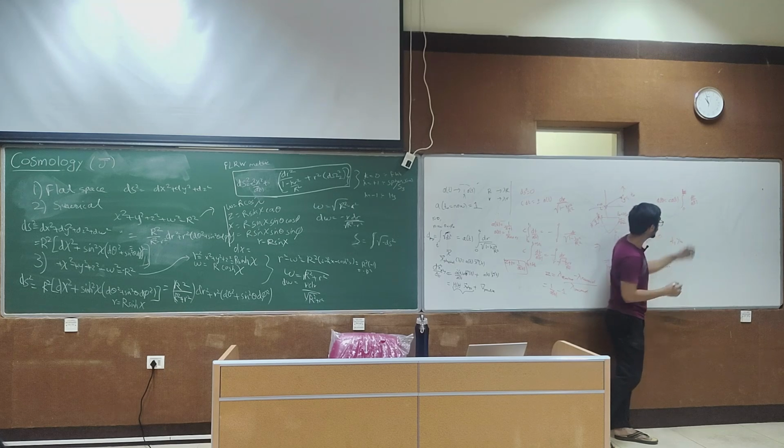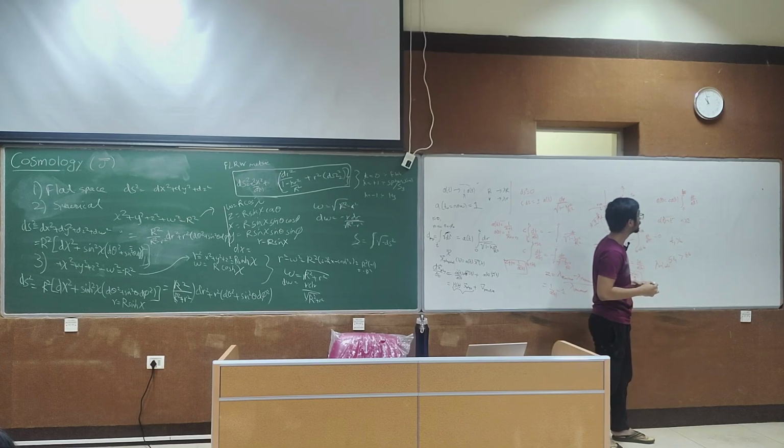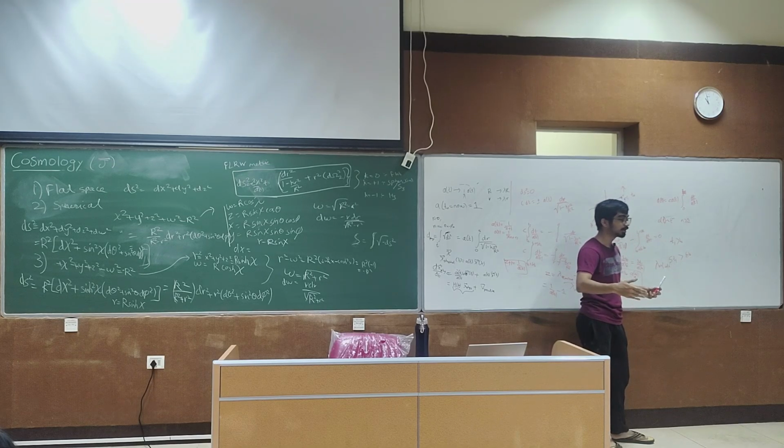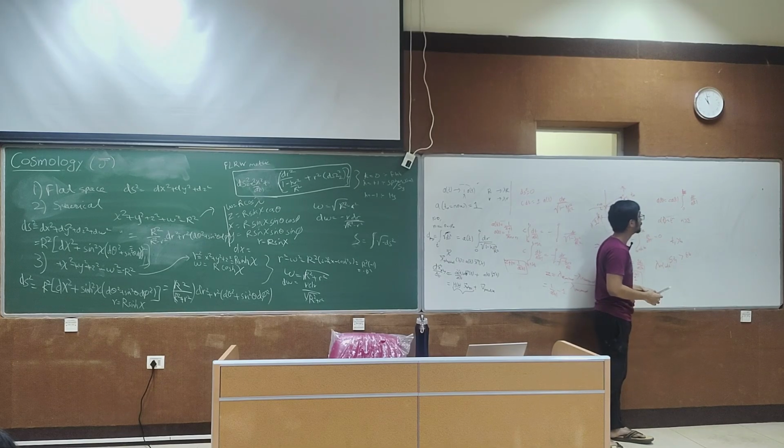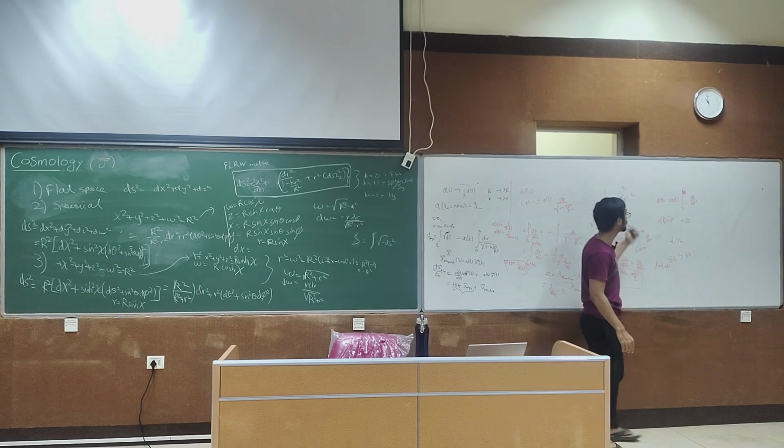So it might happen that if a of t goes as t power n, where n is greater than 1, then this value diverges, which means that the universe would be infinite. The length of the universe now would be infinite, right? But we know the observable universe is about 90 billion light years across, which means that there is a certain form of a of t that we can get, and we will calculate this next time.